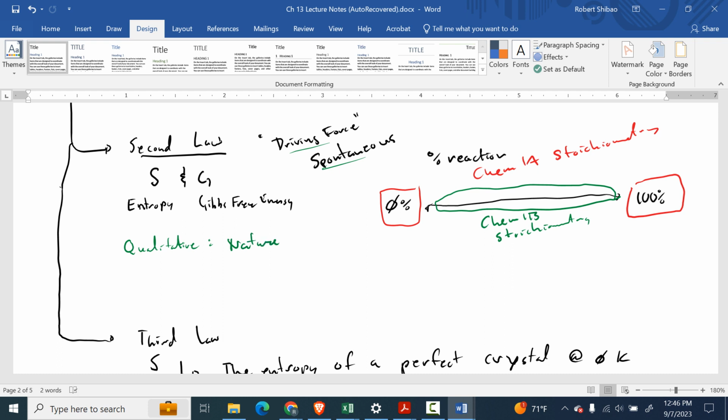In nature, spontaneous things happen when we go down in energy. So we want to lower energy. That's spontaneous. But also, we'd like to increase entropy. Now, what we have to do is it's going to be a combination of these things.